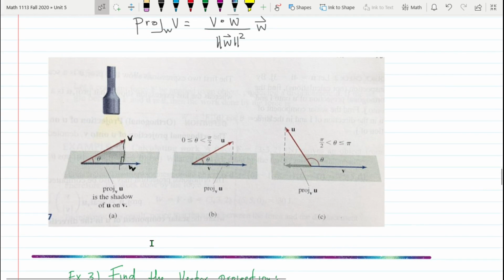So the projection of v onto w is the shadow of v on w.